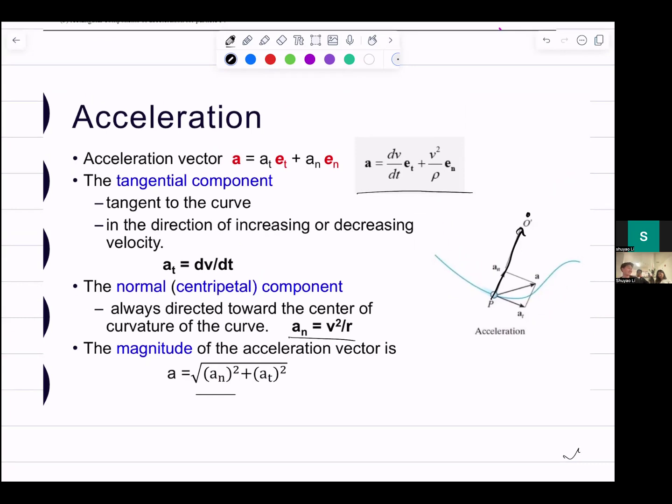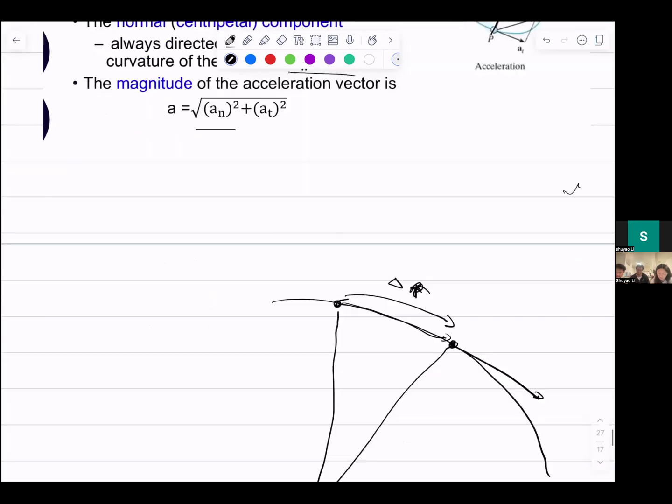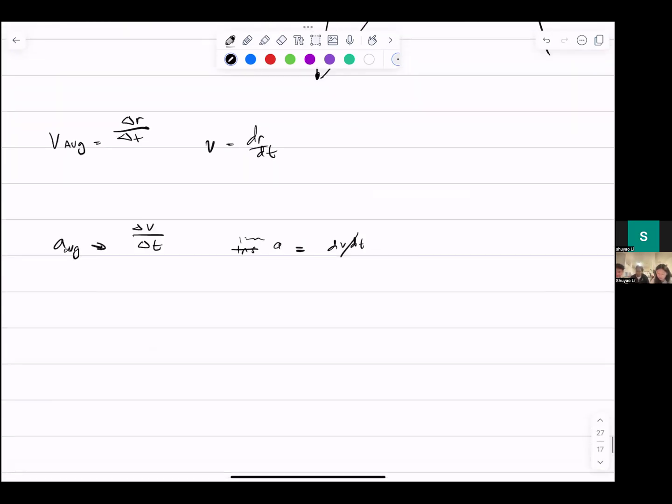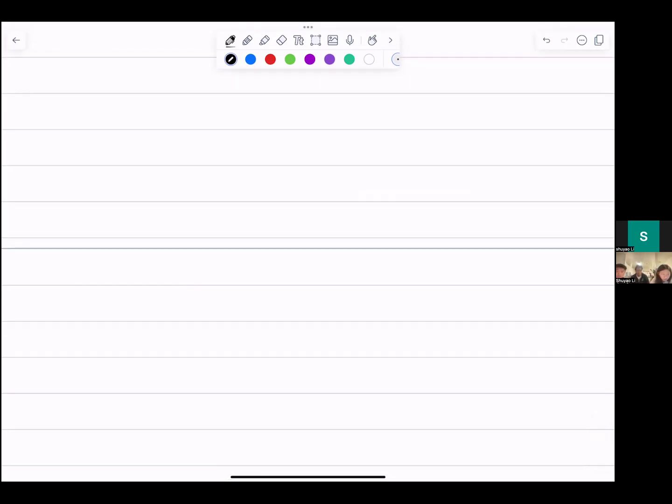So moving on to lecture 19. After what Muhammad said, we now have a basic understanding of the tangential and linear acceleration.